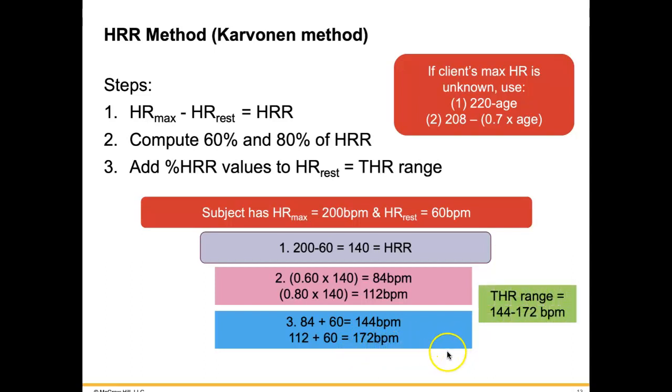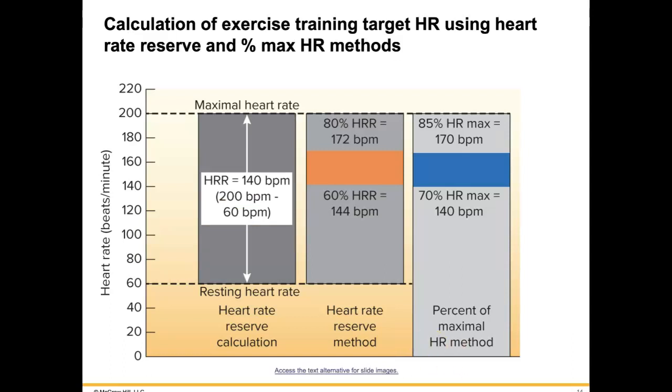So now we know that our target heart range is from 144 through 172 beats per minute. That is the range we want to be in order to improve our VO2 max. And this figure here is really great because it shows us our heart rate reserve calculation that we just did in the previous slide, where we took 200 as the max heart rate and subtracted 60.